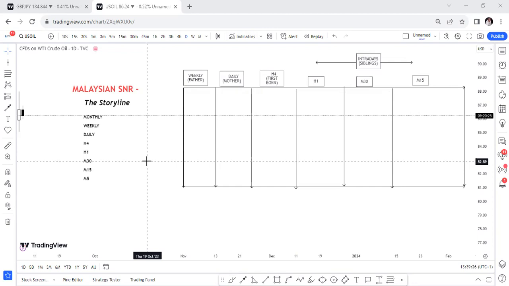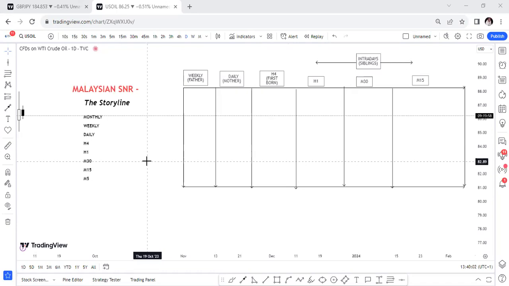Every time frame has its own storyline, and within each time frame lies a fractal, because price action is fractal, which within each time frame lies a structure. So that means within a higher time frame, there must be an intraday or a lower time frame storyline.